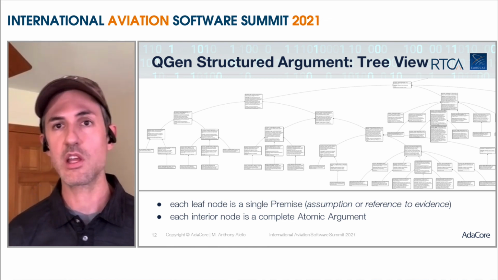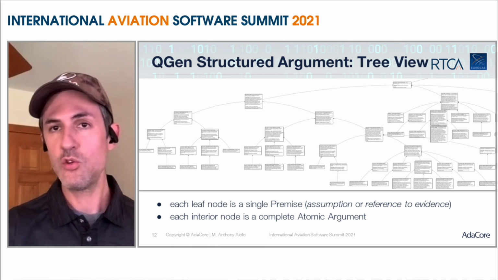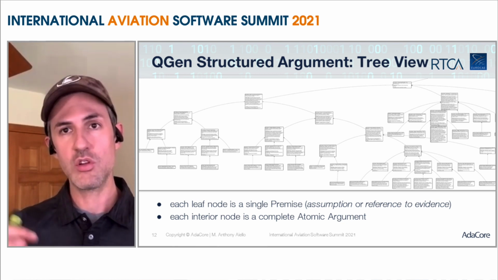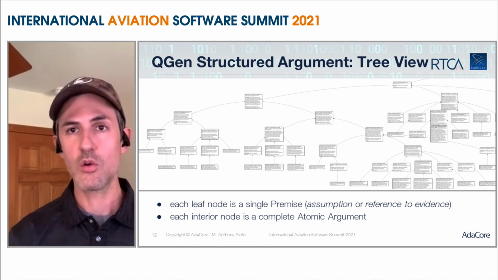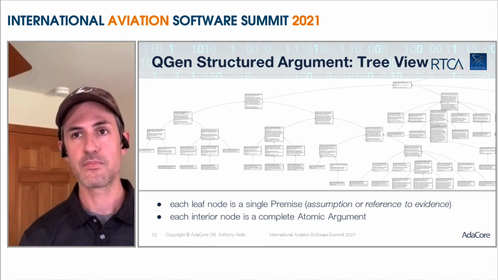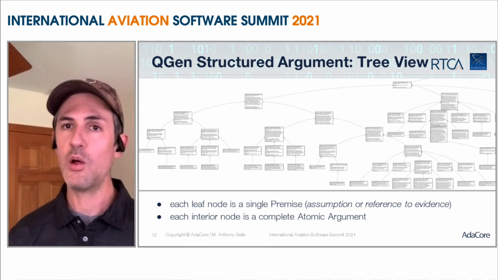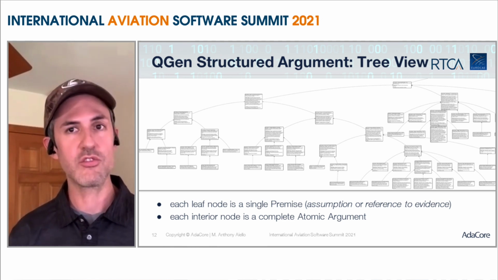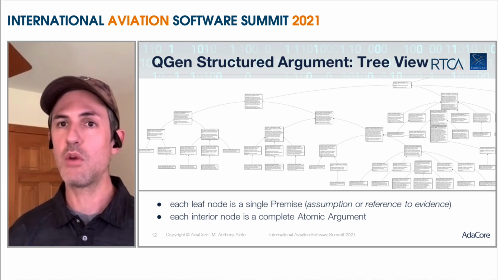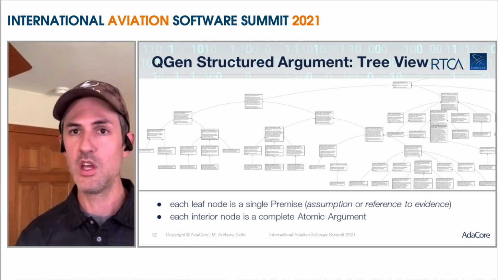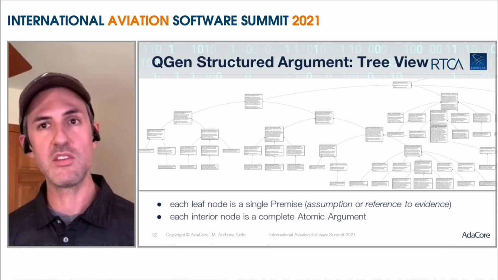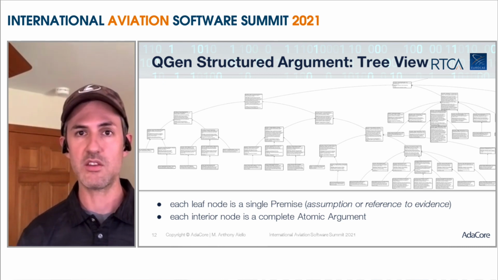So much like the friendly argument notation, you can zoom in on the interior nodes of this tree, and you can read the complete atomic argument right there on the tree. We feel like the tree view is helpful because it allows reviewers of the arguments to better understand the relationships amongst the different atomic arguments, particularly to understand sibling relationships, which can be difficult to see in a linear flow of text.